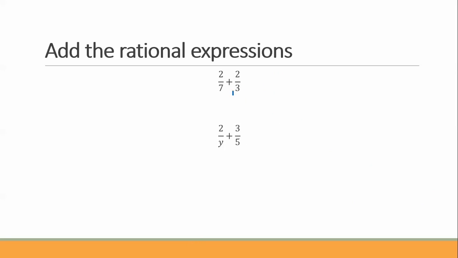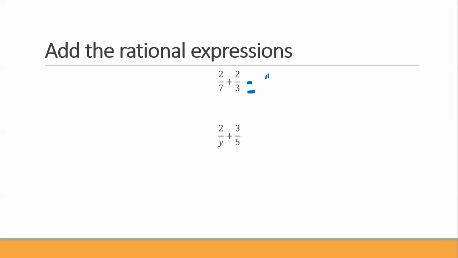The 7 and the 3 don't have a common factor, so for this one we're going to do like we did when they didn't have a common factor, and divide this one into 3 and this one into 7.